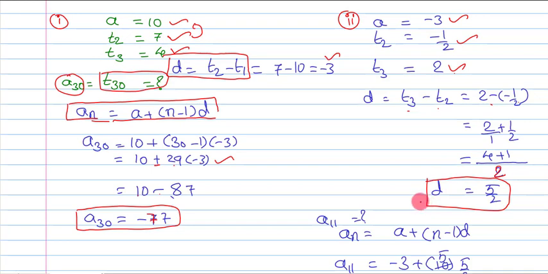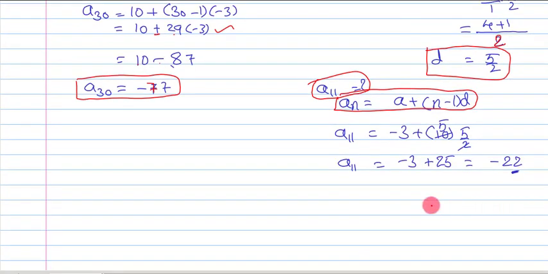Now what we need to find out? We need to find out A11, that means the 11th term. For this, what formula are we applying? That is the AN formula, nth term of AP is equal to A plus of n minus 1 into D, in which A is equal to minus 3, n is equal to 11, D is 5 by 2. We substitute that.